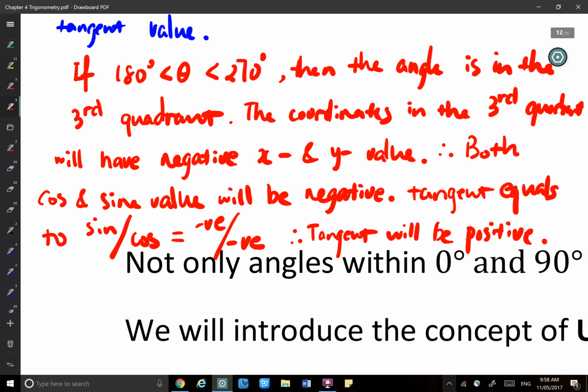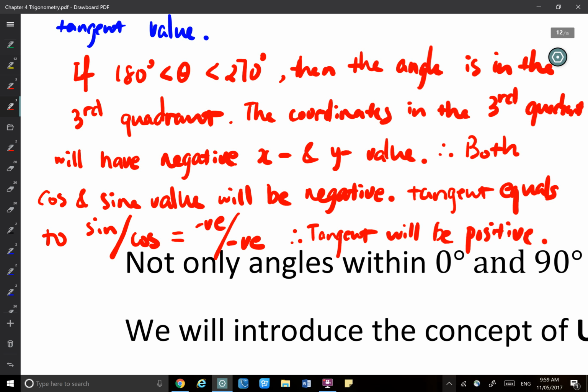That's one of the exam questions I saw two years ago. To explain why the tangent is positive, you need to say first, where is the angle? Second, in that quadrant, whether the values are positive or negative. And third, what is tangent: sine over cosine. So if theta is between 180 and 270, then the angle is in the third quadrant.